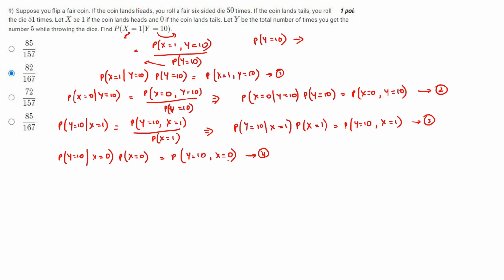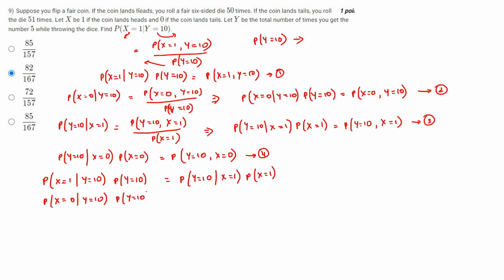Now I can write that P(X=1 | Y=10) times P(Y=10) is equal to P(Y=10 | X=1) times P(X=1). Again, P(X=0 | Y=10) times P(Y=10) is nothing but P(Y=10 | X=0) times P(X=0), and I'll call these 5 and 6.